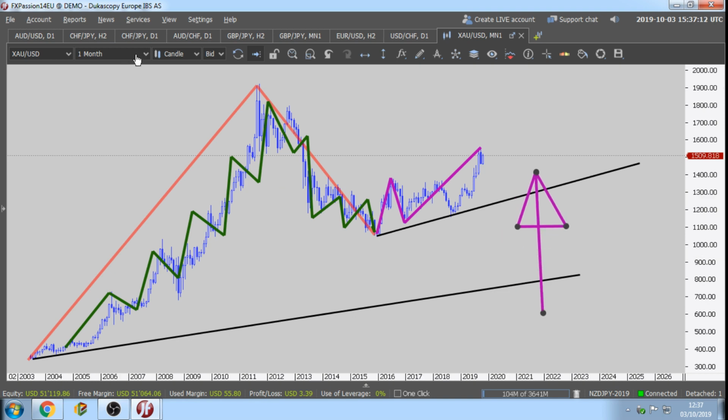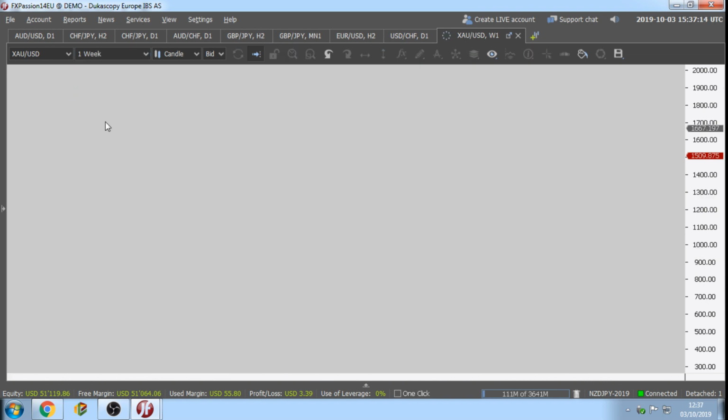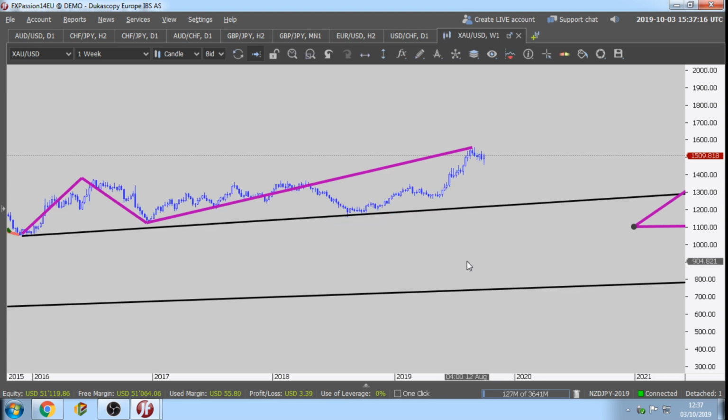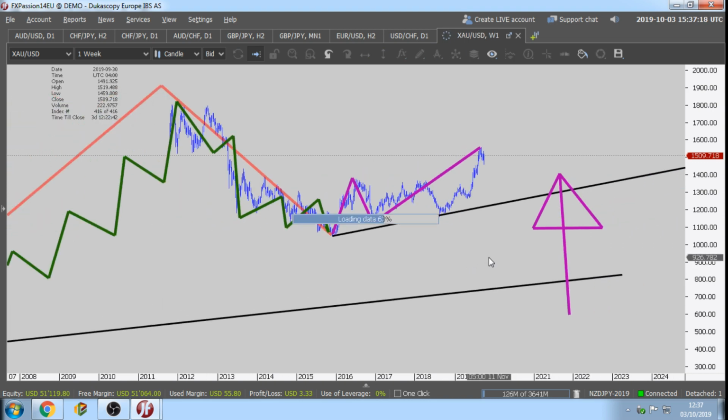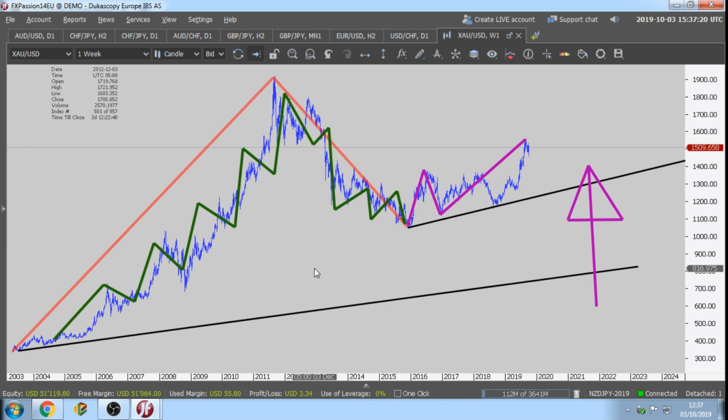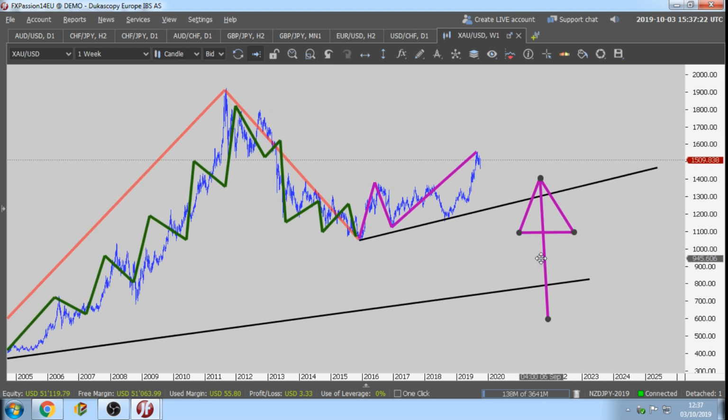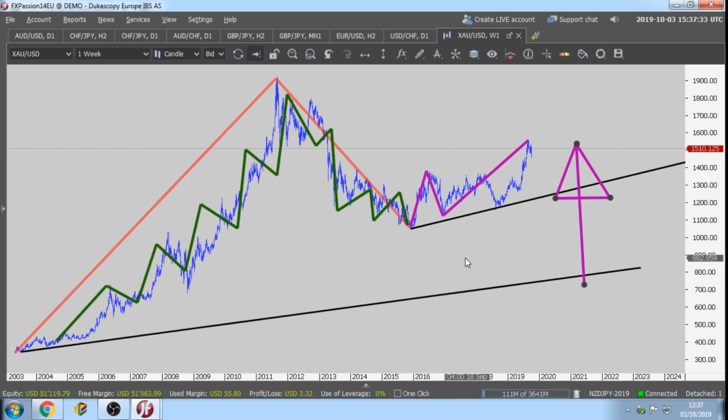Okay, let's jump from the monthly to the weekly. Most likely the picture is going to be the same. So we have a change in trend direction. Short-term trend was making lower lows, lower highs. Now it's making higher highs, higher lows, and the market wave is up.